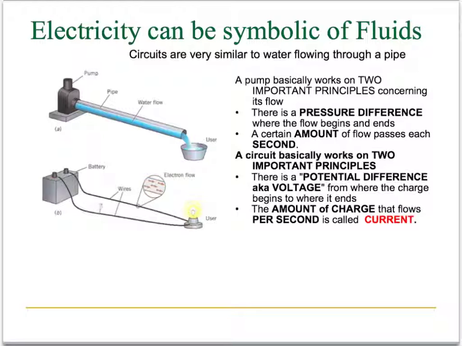Now let us try to understand how electricity is produced. Let us use as an analogy the flow of fluids. So let us consider the first figure here. Consider a pump and a pipe and a reservoir.